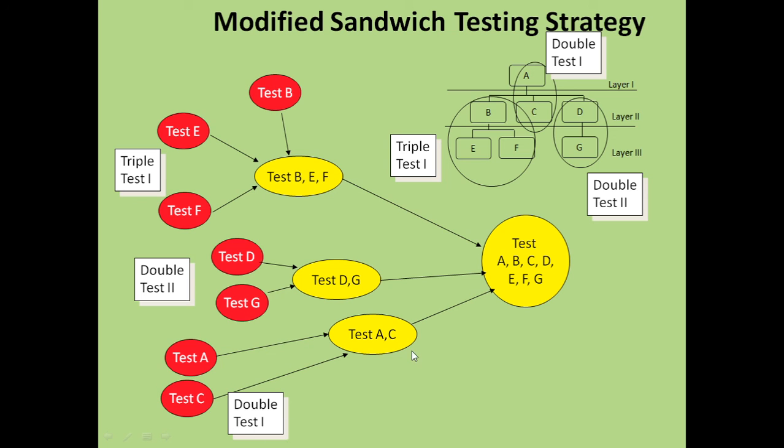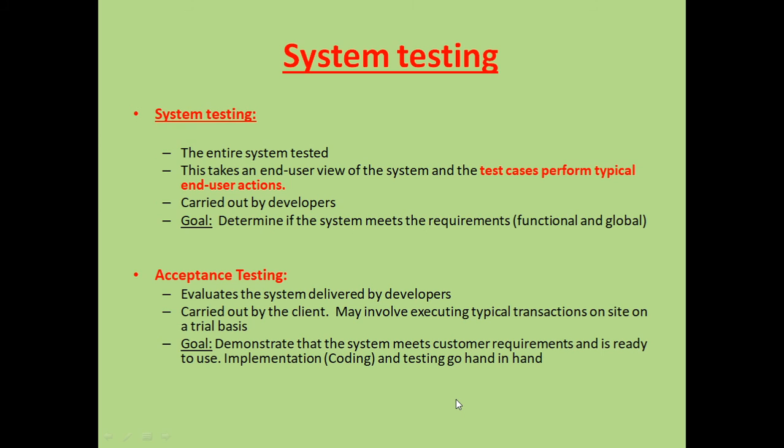So this double test is going on, and then eventually a triple test is conducted between test B, this 1, 2 and 3, all the 3. So this is the modified testing strategy, in which they are tested independently, and then they go here because they have their own stubs and drivers.